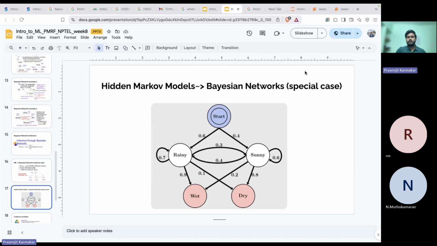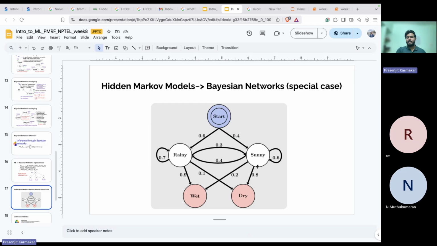So there are these observable states as well. These hidden states are represented as features, and the observables are what you are trying to predict, so whether it's dry grass or wet grass.